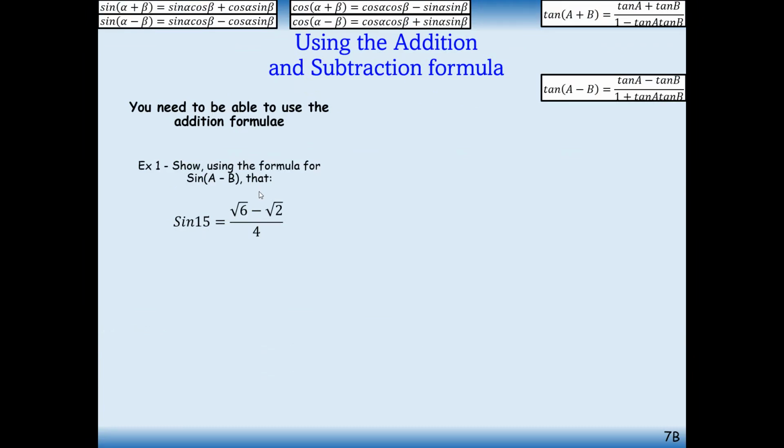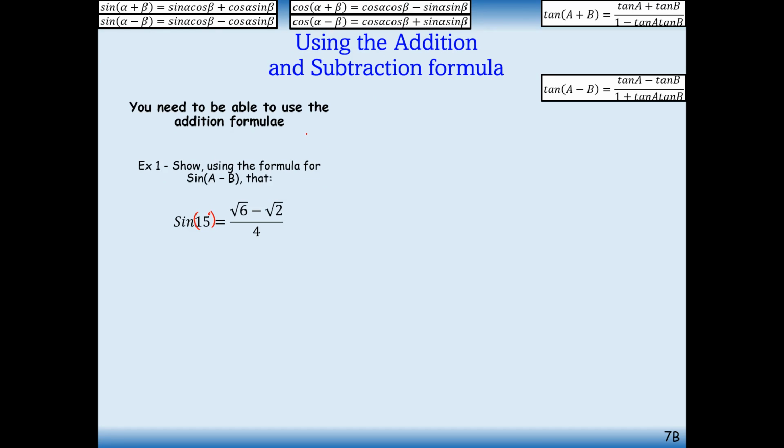The first problem, we've been asked to show that this fraction, root 6 minus root 2 over 4, is sine of 15 degrees. Obviously the number 15 there hints that our work is in angles.